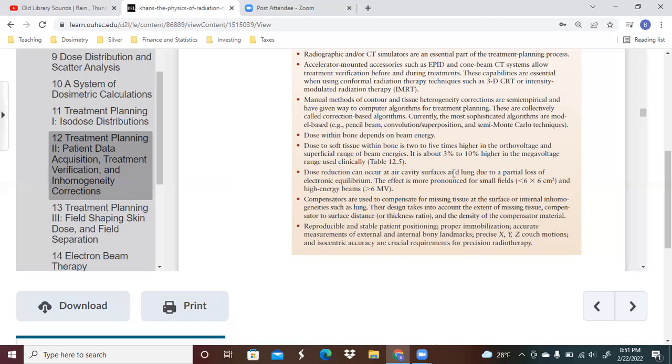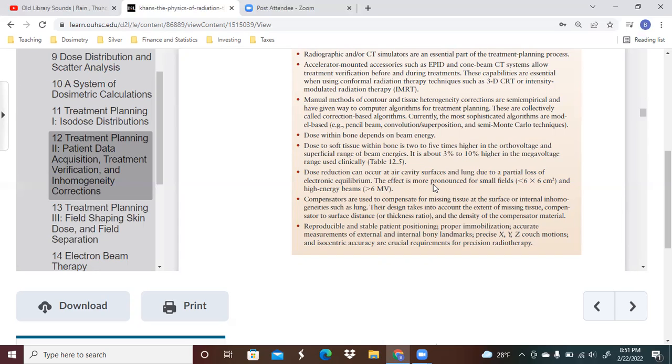Dose reduction can occur at air cavity surfaces and lungs due to a partial loss of electronic equilibrium. In other words, the number of electrons that you have in something that is solid is going to be different than what you encounter in the air cavity.